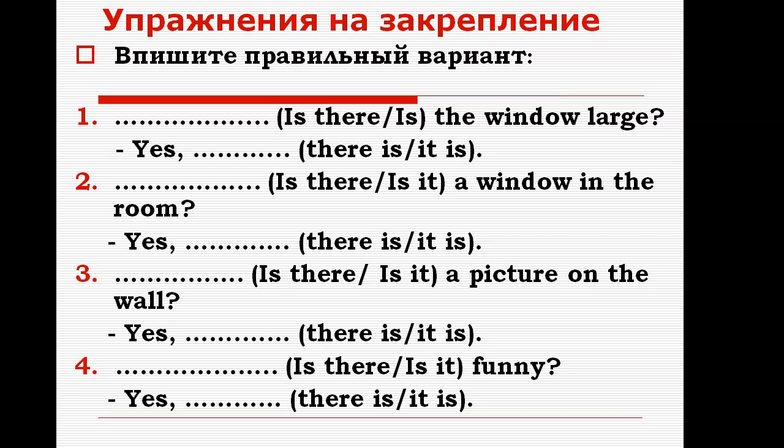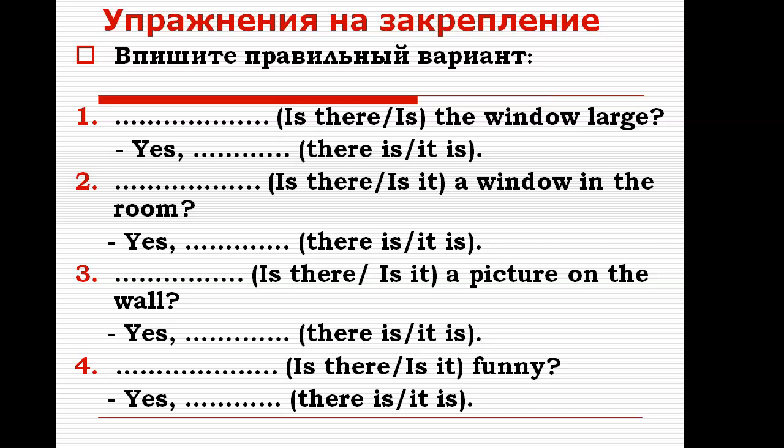Practice exercise. Is the window large? Yes, there is. Is there a window in the room? Yes, there is. Yes, it is. Is there a picture on the wall? Yes, there is. Is it funny? Yes, it is.